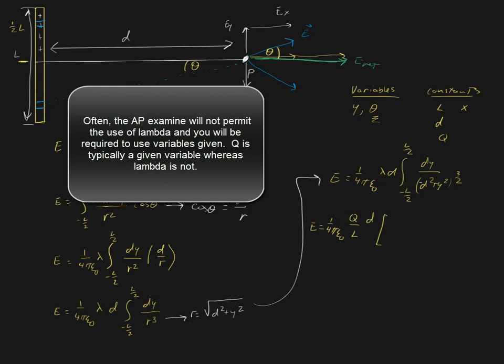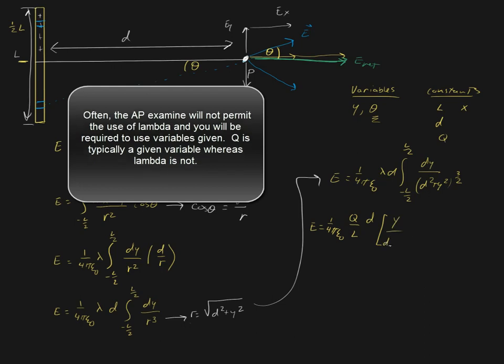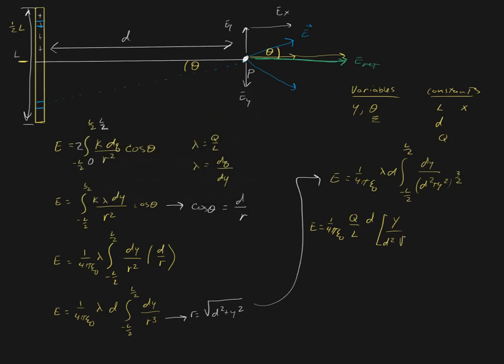And then we get from the integral y over d squared times the square root of y squared plus d squared. And we're going to evaluate this from minus L over 2 to L over 2. We can cancel out this d with one of those d's.